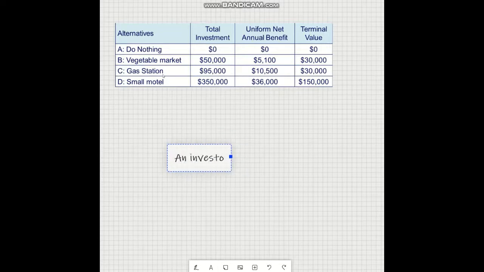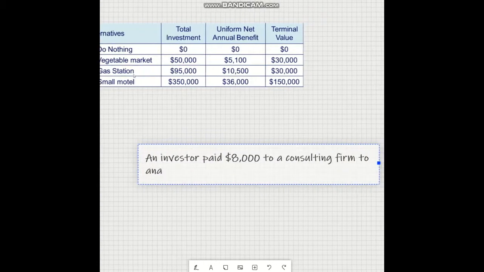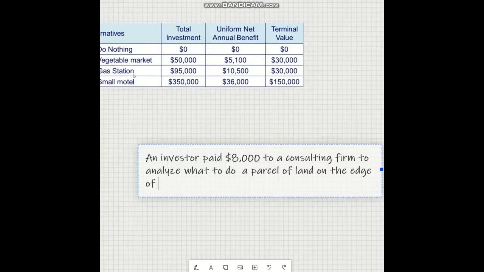An investor paid $8,000 to a consulting firm to analyze what to do with a parcel of land on the edge of town he bought for $30,000.